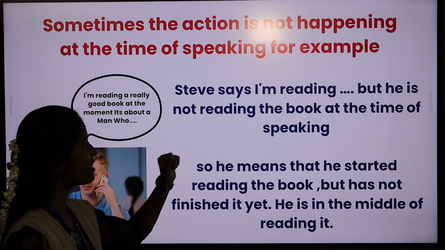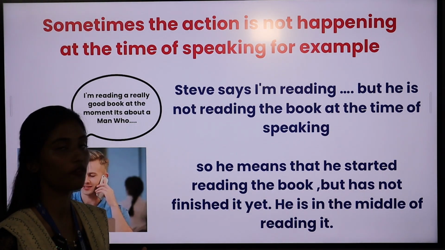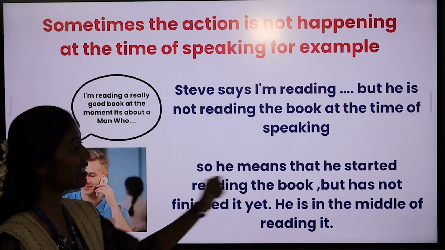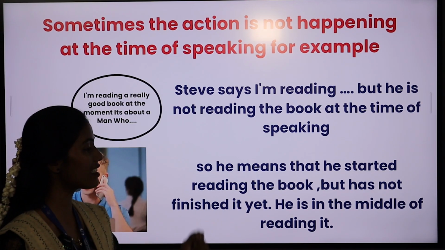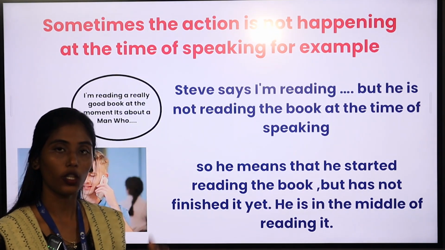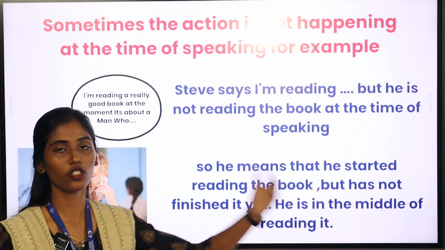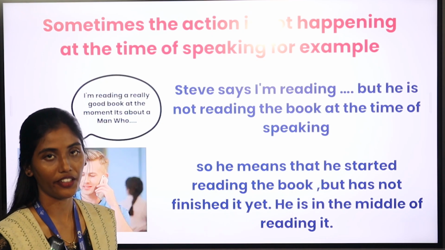Steve says I am reading, but he is not reading the book at the time of speaking. He means that he started reading the book but has not yet completed it. So he is in the middle of reading it. So we call it present continuous. The process has started but it is not completed. It is ongoing, so we state it as present continuous.